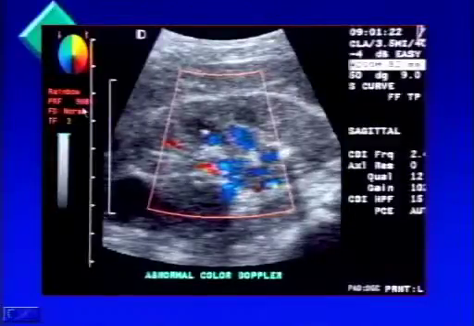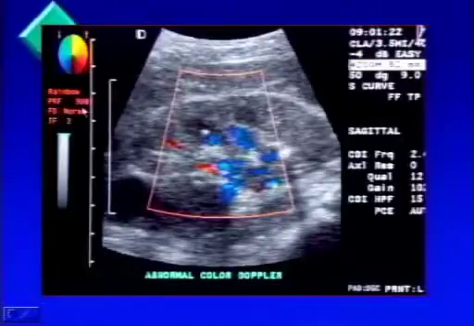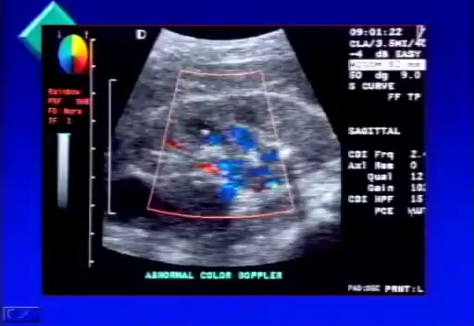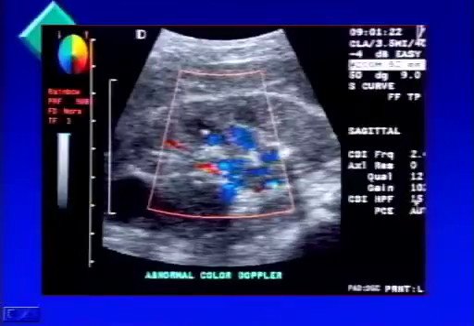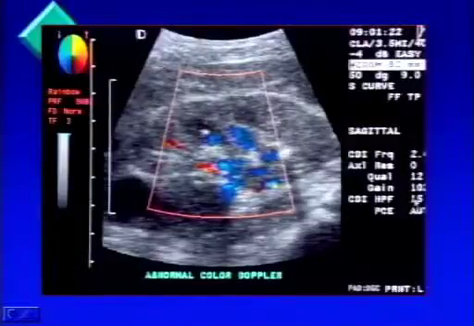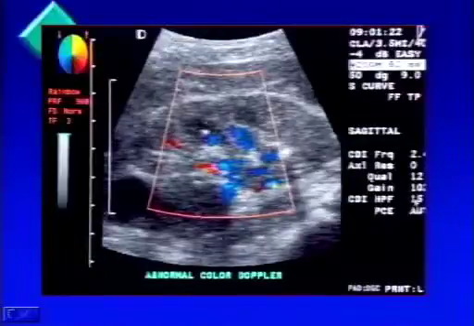So it's about half the value when we're doing the indirect method. So we have a pretty low PRF, and then we look at our wall filter settings, and we can see that we're all the way down to 15. So we've reduced that down to the lowest setting that this system will allow, to make sure that this lack of perfusion to the kidney is not a technical error as compared to being a true abnormality.